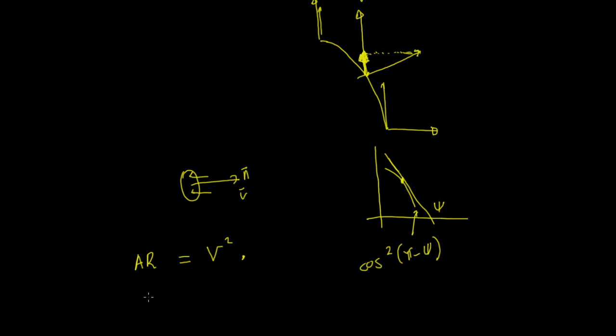So it means that the air resistance is just going to be equal to v squared cos squared of pi minus phi.